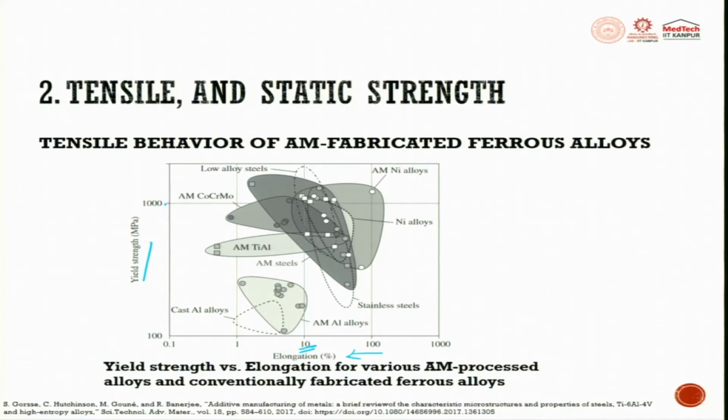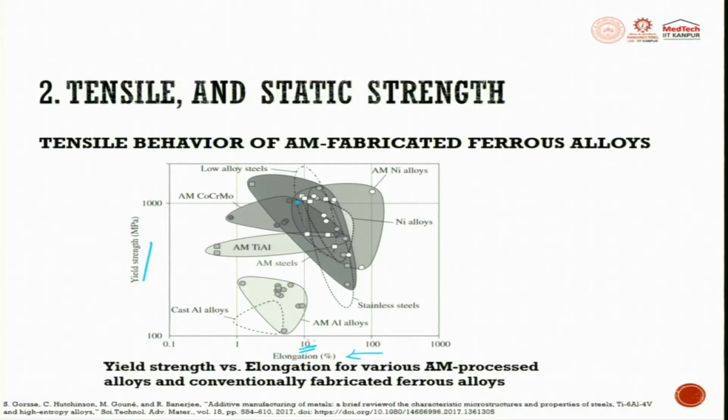You just walk it across and then go down here, and then you will figure out low alloy steels are performing here, stainless steel is here. Some compositional change you do and you will get an output somewhere here. So, this talks about the complete range of ferrous alloys which is used in additive manufacturing.